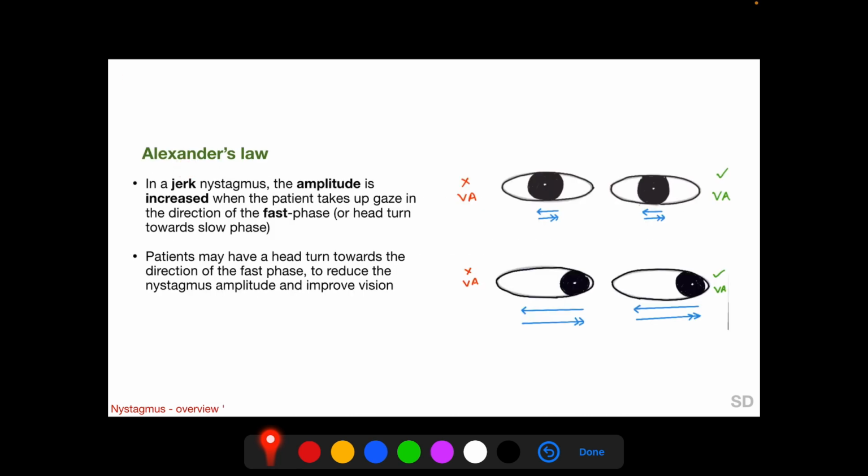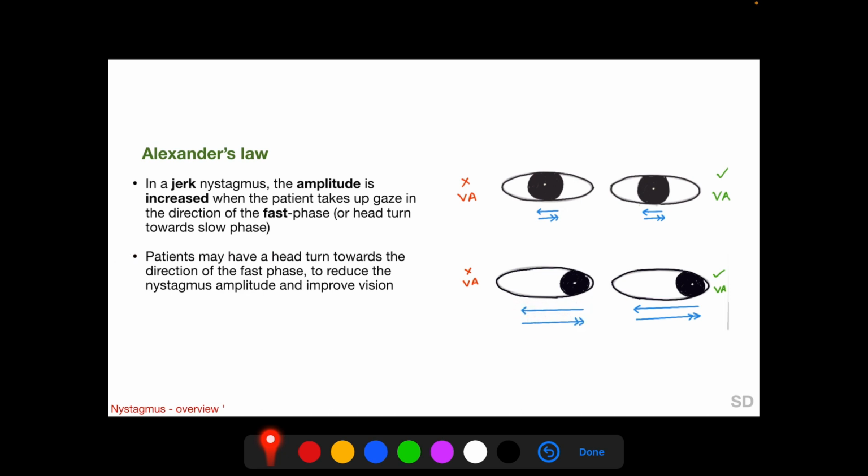Alexander's law states that in a jerk nystagmus, the amplitude is increased when the patient takes up gaze in the direction of the fast phase. So in this diagram, which we have discussed in a previous session, we have a patient with a peripheral vestibular jerk nystagmus in which the fast phase occurs in a direction opposite to the side of the lesion of the vestibular apparatus, and when the patient takes up a gaze in the direction of the fast phase of the nystagmus, the amplitude of the nystagmus increases.